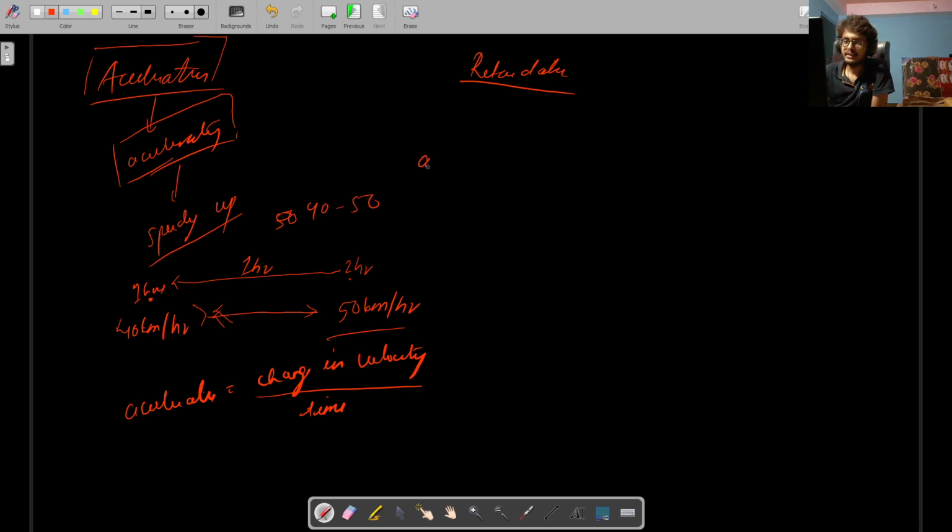So acceleration is denoted by A. A is basically V2 minus V1 divided by total time. V2 is the velocity after you speed up, and V1 is the velocity before you speed up. So this is 40. So acceleration is 50 minus 40 divided by total time, which is 1 hour. So it took 1 hour for you to change from 40 to 50. So your acceleration is 10 units.